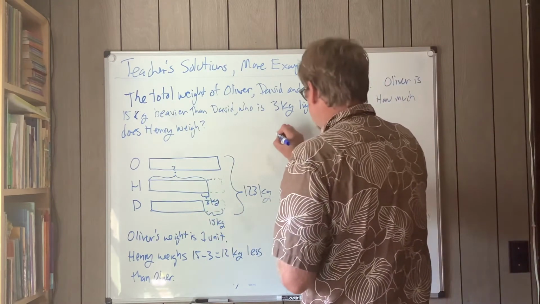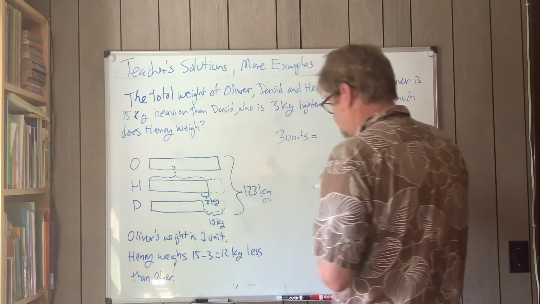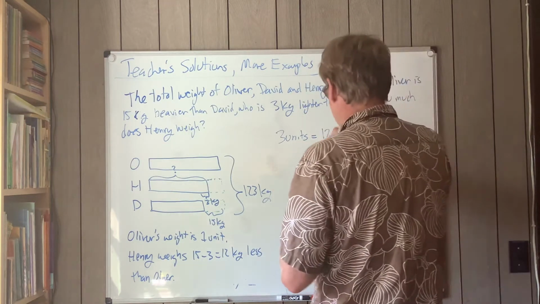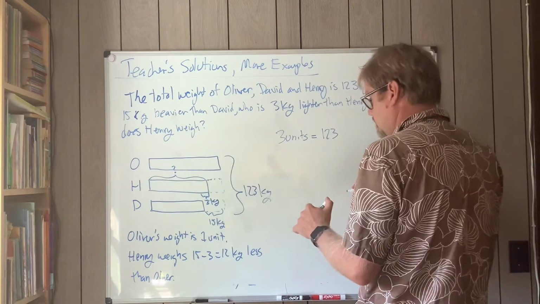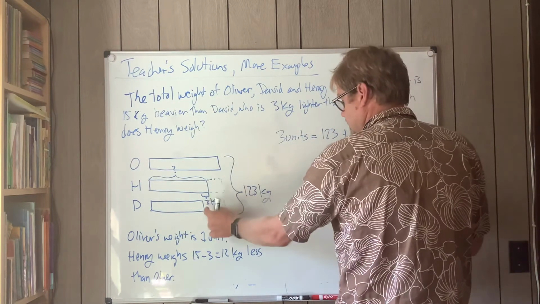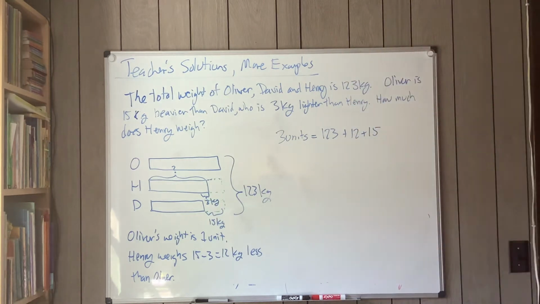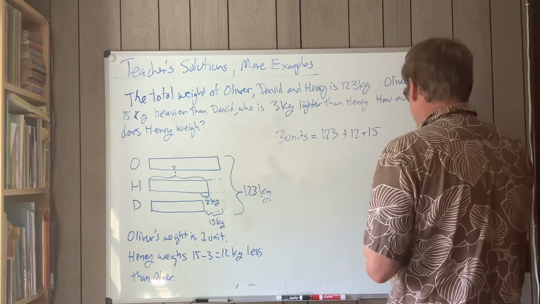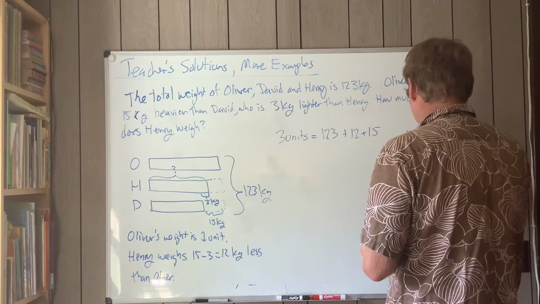So then I'm going to say 3 units is 123, which is the original bars, all 3 of them, plus these extra pair of bars. And maybe I'll do 123 and 12 and 15.